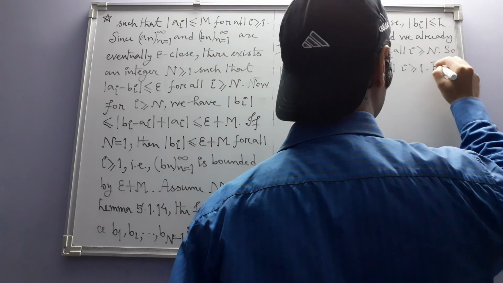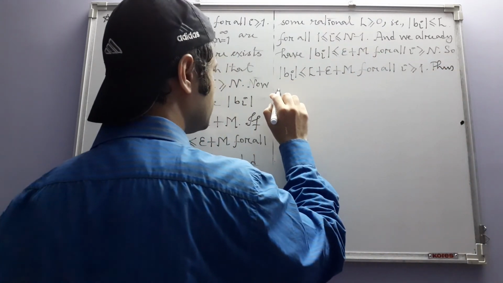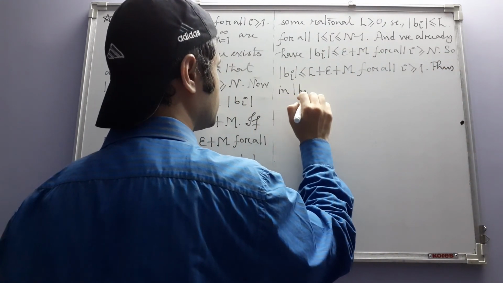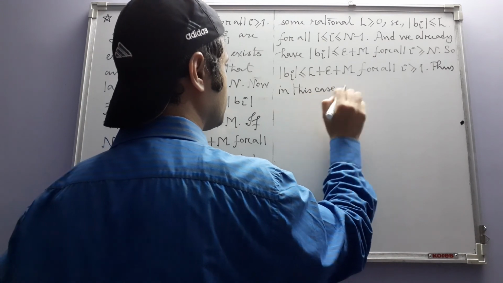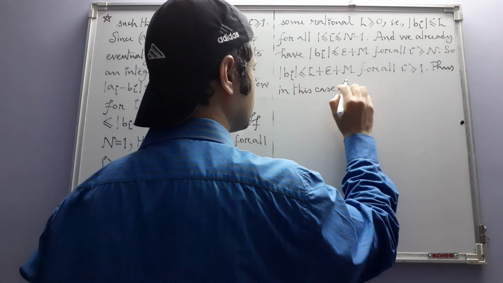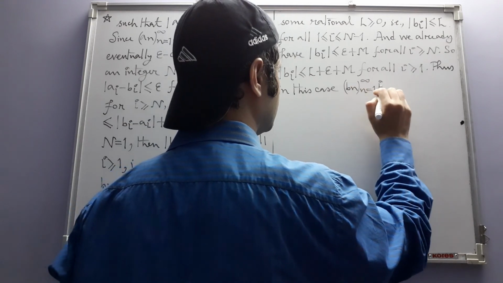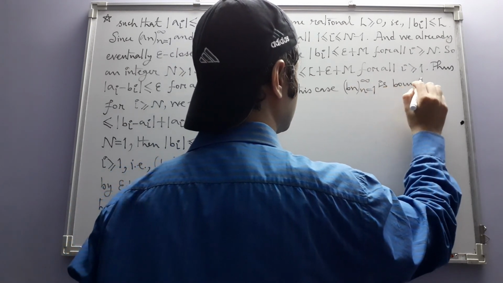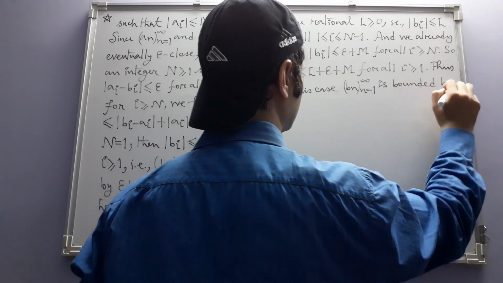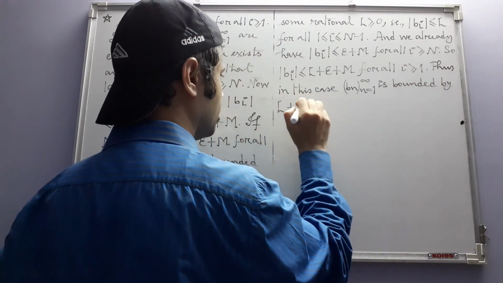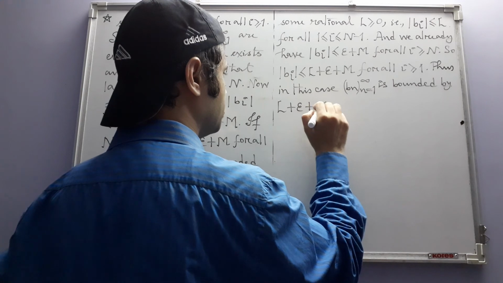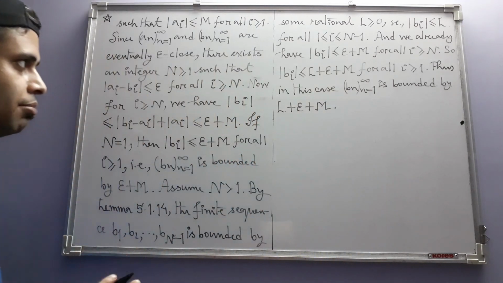Thus in this case bn is bounded by L plus epsilon plus m. In any case, bn is a bounded sequence.